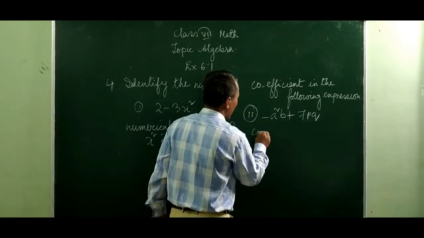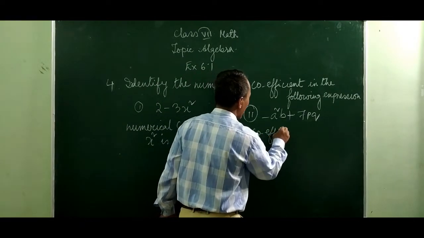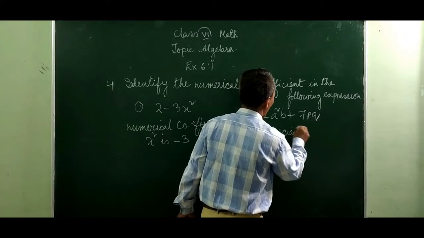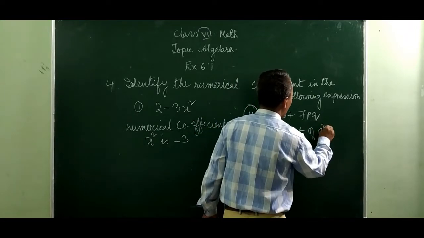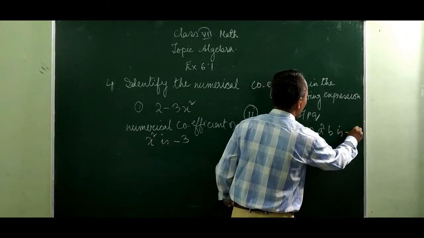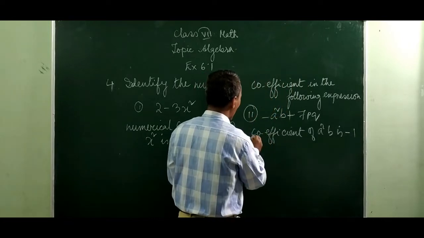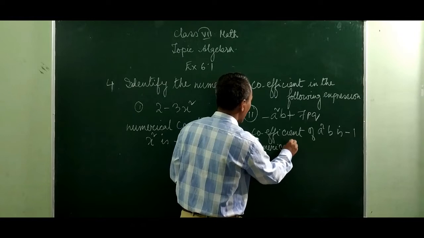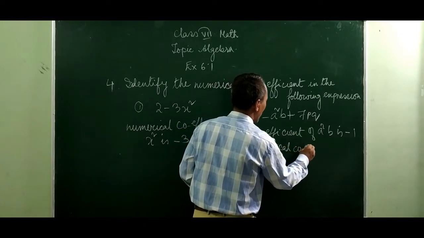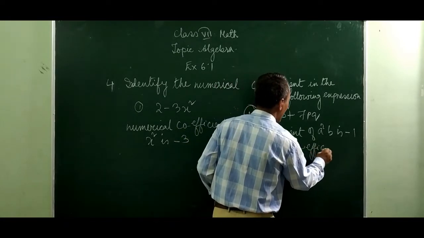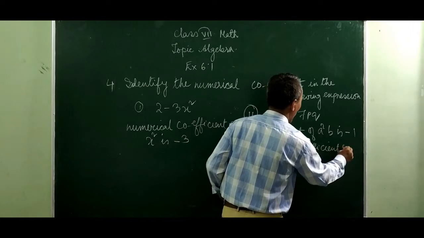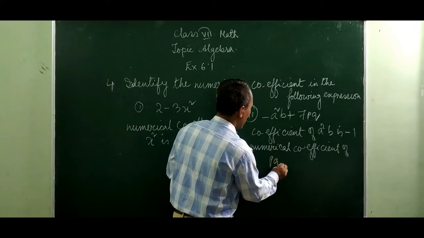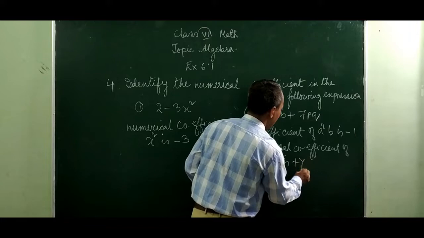So coefficient of a square b is minus 1, and the numerical coefficient of pq is plus 7.